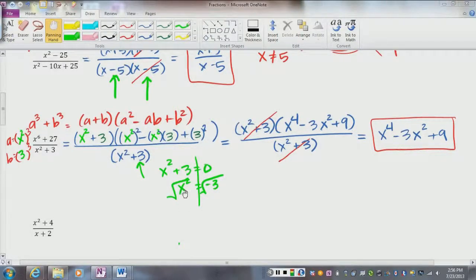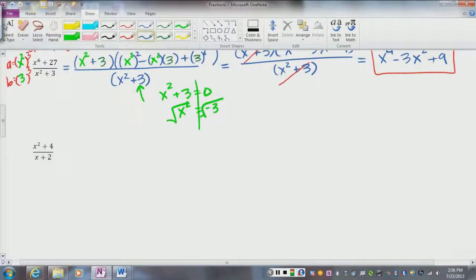If I look at this, I'm going to have an imaginary number. So there really are no values that are off limits here. In other words, there's no real number that will make this become 0. So there are no restrictions for x. Okay, let's do another one.